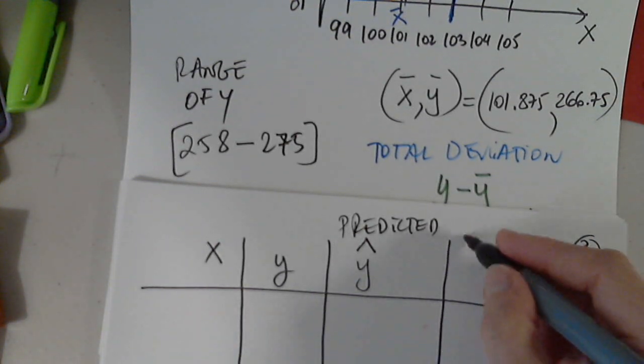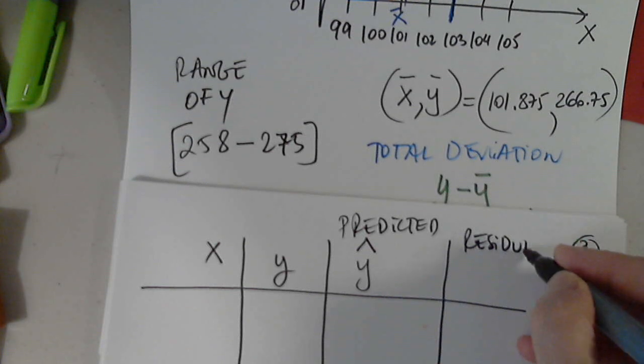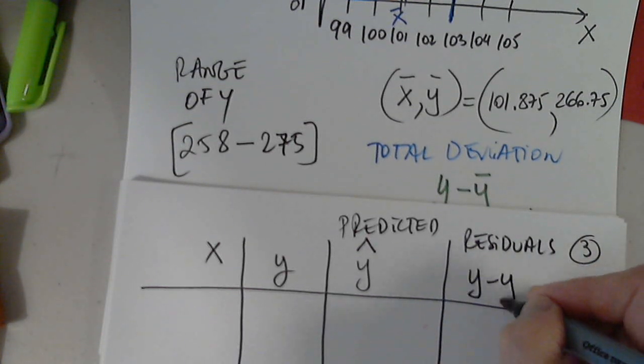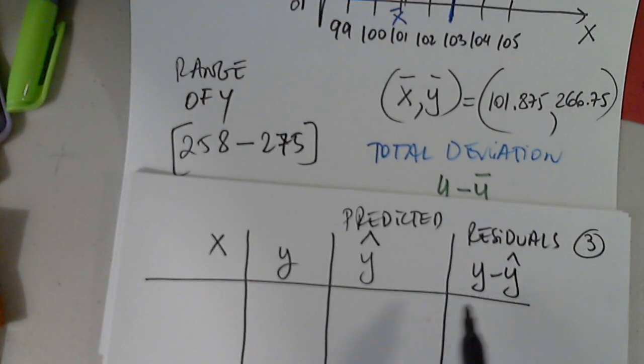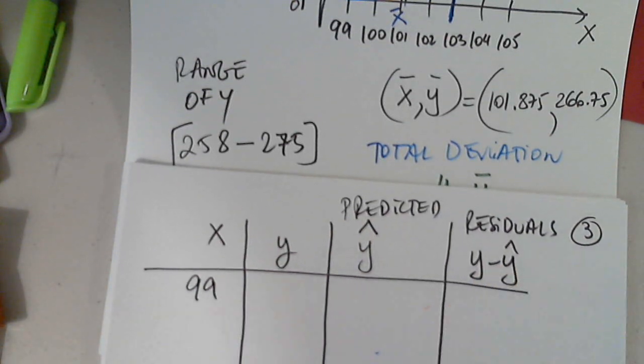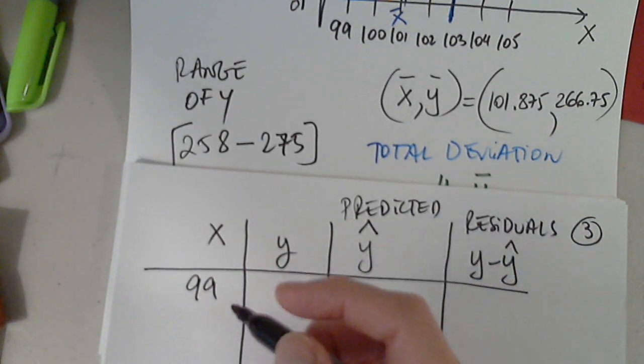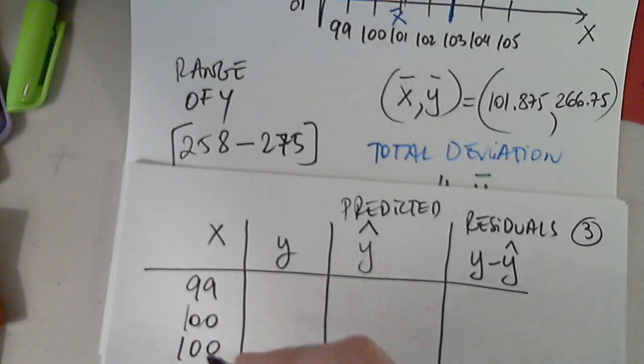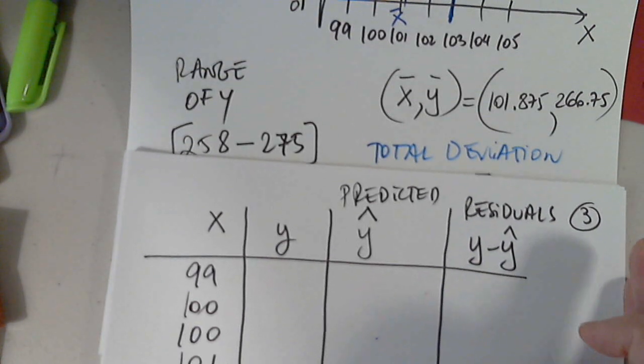And here we have the residuals, y minus y hat. So this will be this list minus this list. So I will enter again all our data, so we have it in front of us. We have it already in the calculator, but I need to show it on paper as well. 100 appears twice, and then 101, and then 102, 103, and 105 twice.